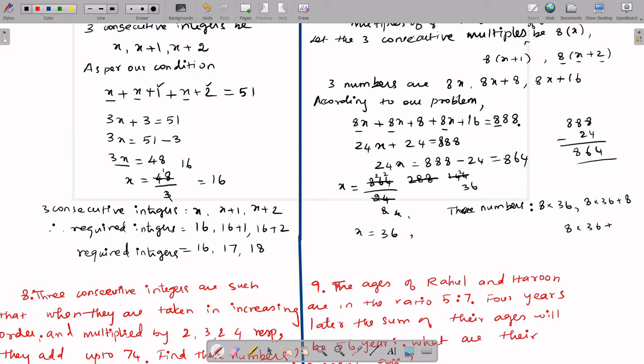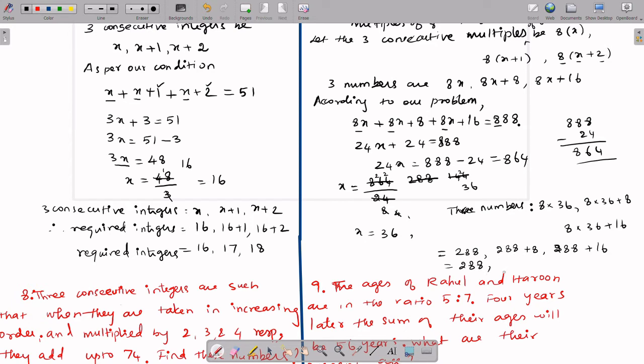We have to multiply these numbers. 36 into 8 is 288, and then again 36 into 8 is 288 plus 8, and 36 into 8 is 288 plus 16. So we have 288, and 288 plus 8 is 296.